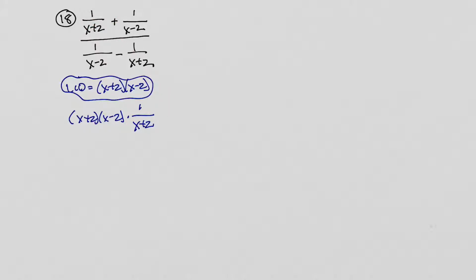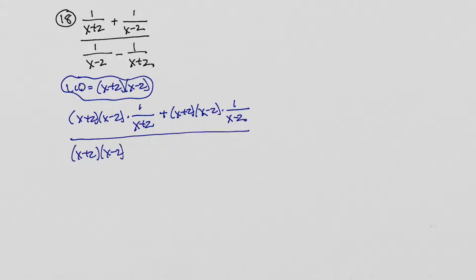Now plus, all right, let's put it again, x plus 2, x minus 2 dot 1 over the x minus 2. So I've got it right here. There it is. All over. Almost going to look the same here. X plus 2, x minus 2 times, but now what we're doing is we're taking this LCD and putting it right here. So 1 over x minus 2.